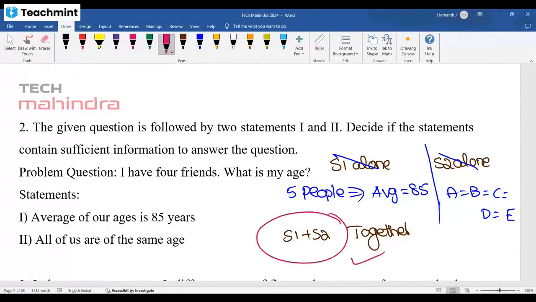So you have to go with the answer: both statements together. Both statements 1 and 2 together are sufficient because the average is 85. If everybody's age is the same, then the average is also the same, so everybody's age is 85. Then only average 85 will come. So both statements put together are sufficient. And any doubts, please ask.